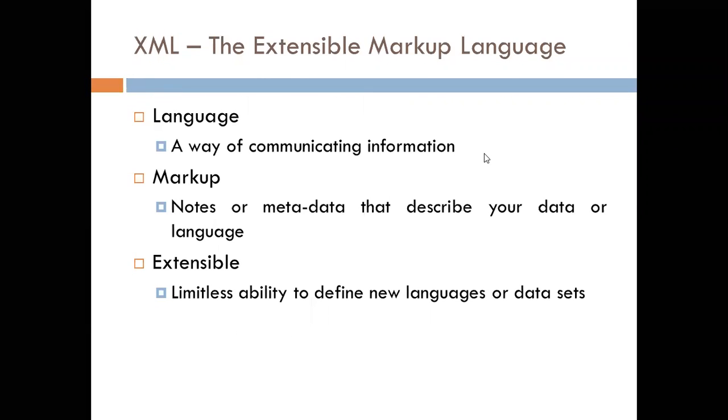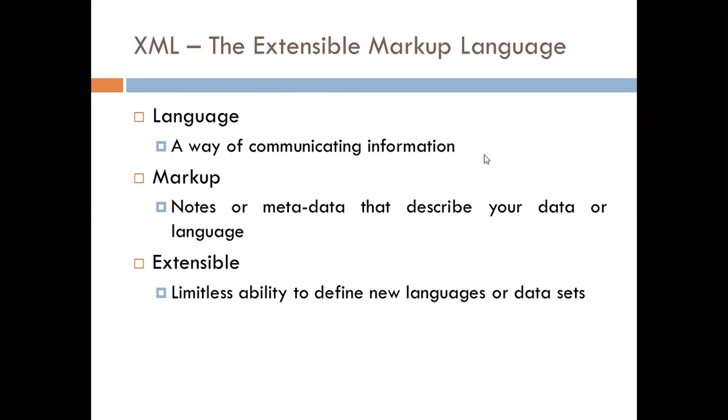XML, in brief, its full form is extensible markup language, and it was developed as a remedy to overcome the shortcomings of HTML. In HTML, all the tags which we use are predefined and standard. We cannot use our own tag names, but in XML we can use our own tags.